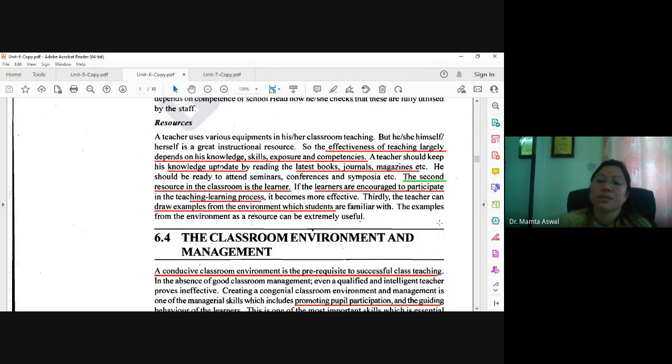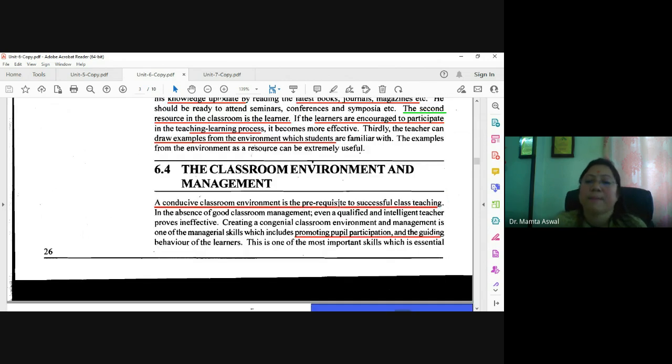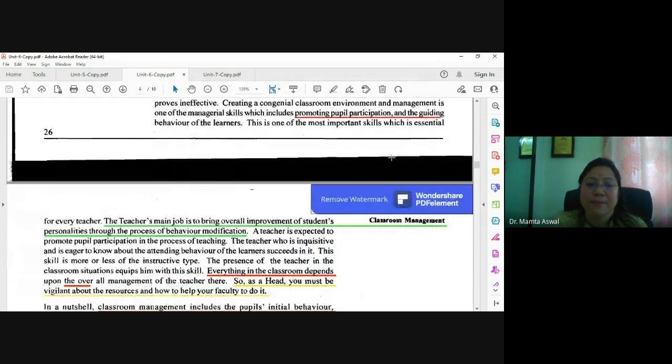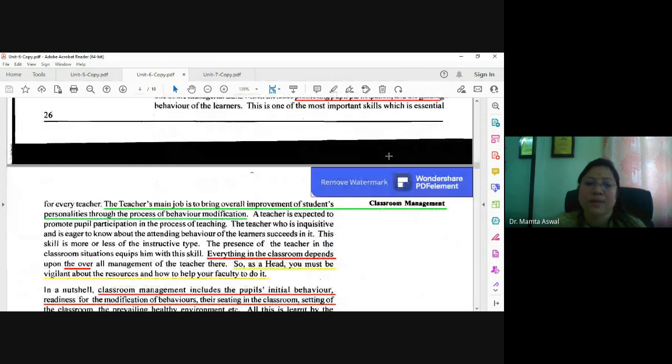The teacher must know whatever latest information is there regarding their subjects. Professional development of the teachers should be there. For that they can organize some activities like seminars, or they must attend certain kinds of activities. Then management of classroom environment, we have already discussed some part.